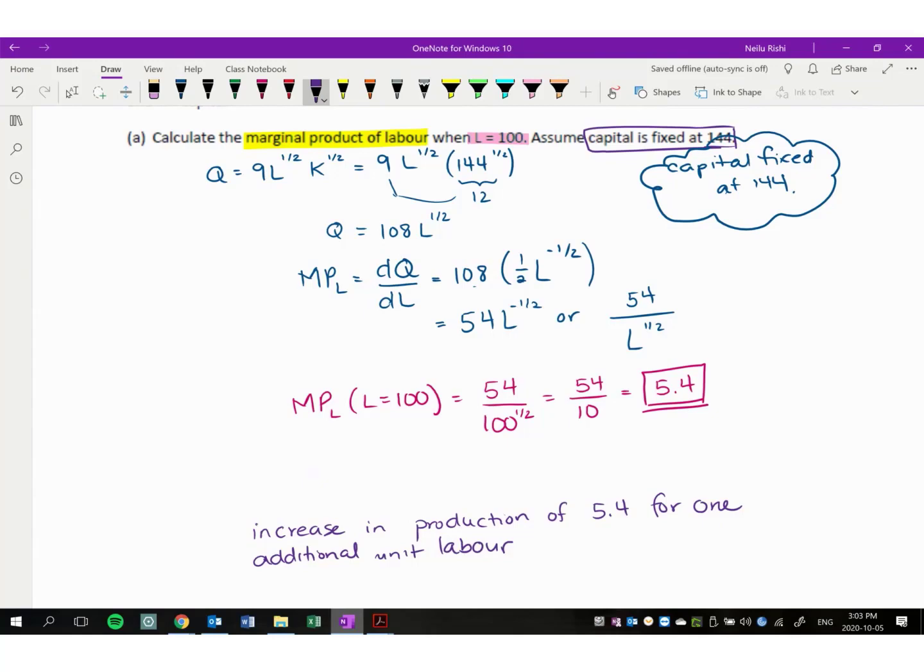Now, this has conditions. This is an incomplete statement. What is this dependent on? If capital is at 144 and also labor is at 100. This value is going to change if capital is different, and it will also change if labor is different, because this is a function of labor.